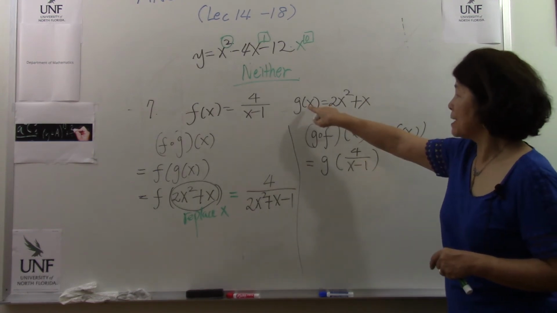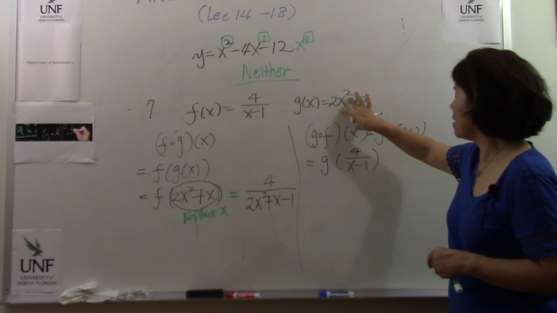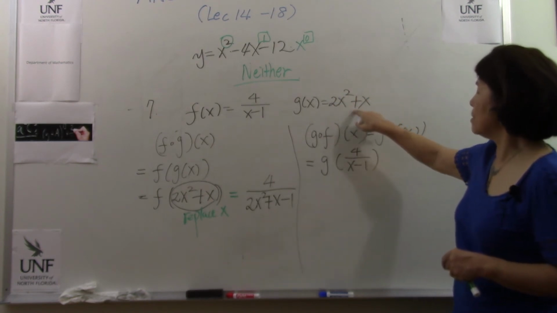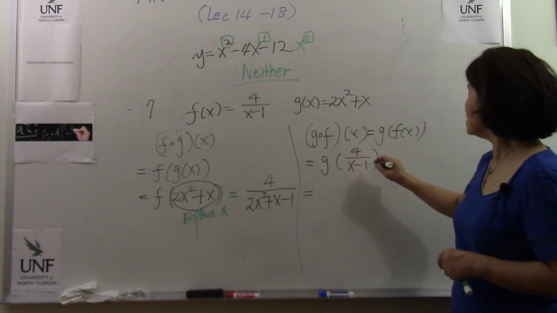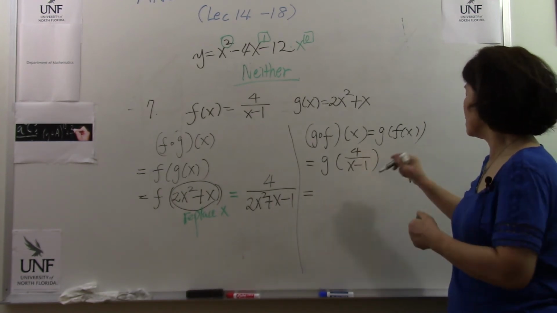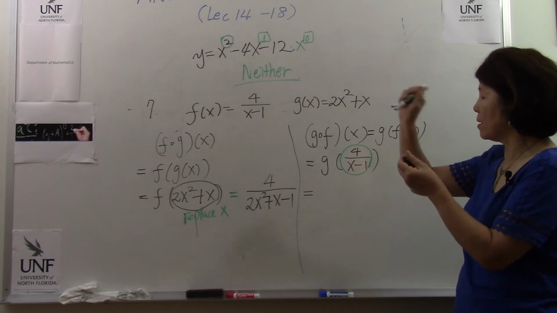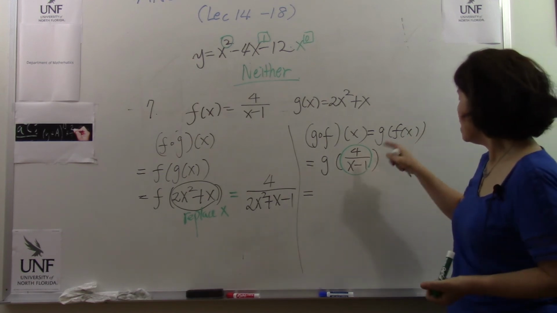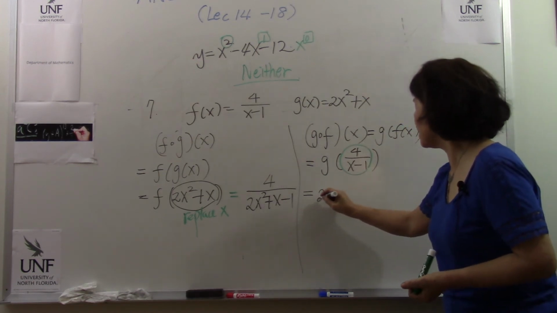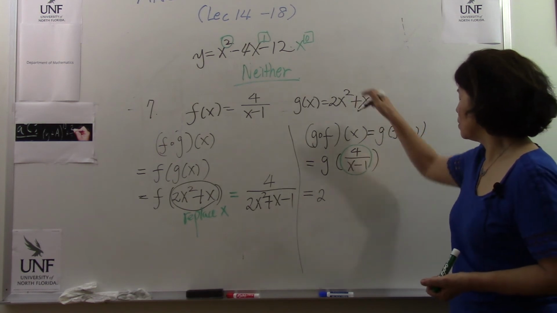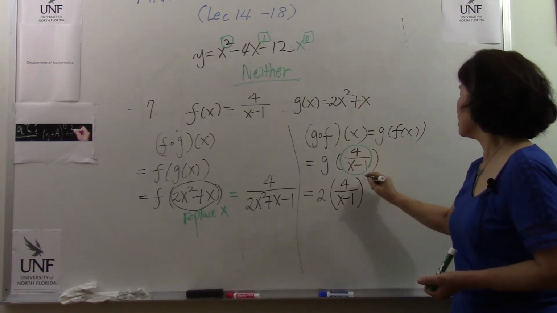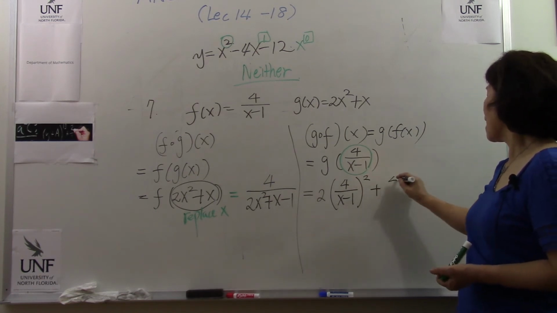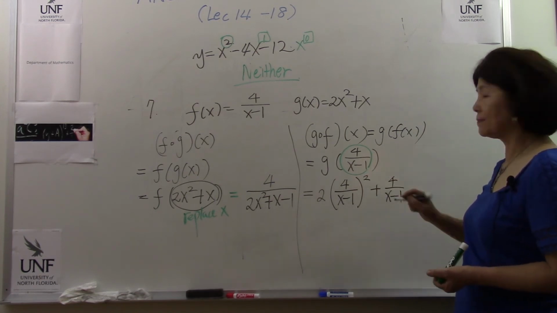Once you have this input, it's going to square and then double it and then plus the input. So this time, this is the input. This is just one unit. Okay? So goes in here, so 2 times this one is going to be squared. So 4 over x minus 1 is squared and then added also.